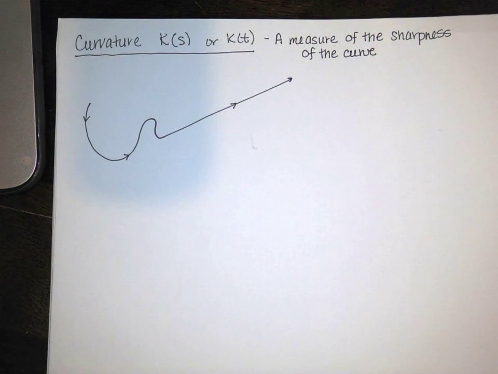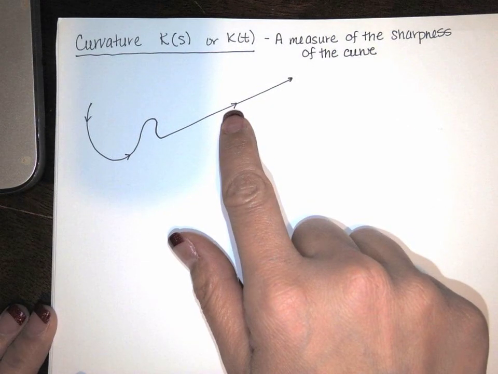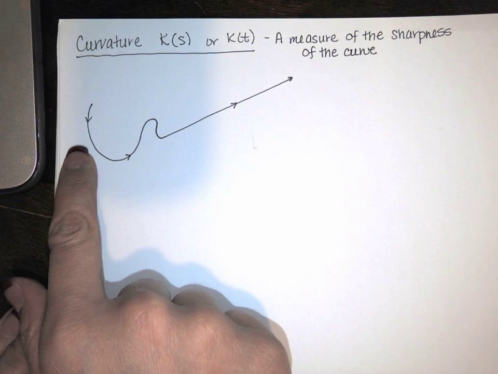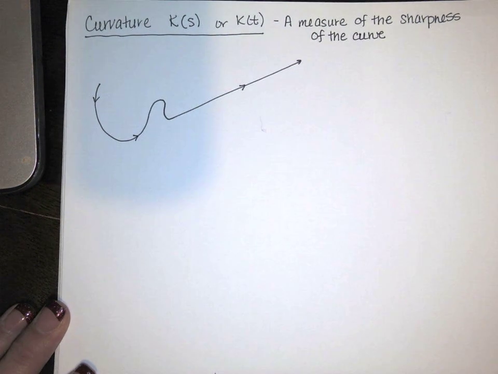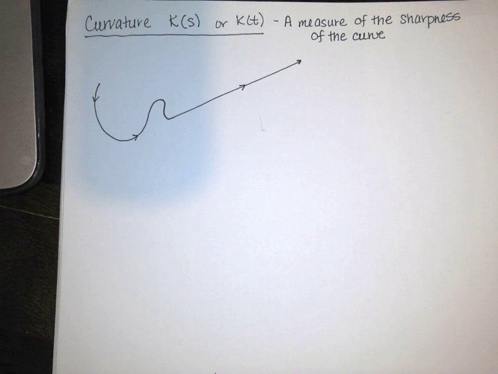I think of it as a measure of how curvy the curve is. That doesn't technically mean much, but I can see over here it's not very curvy, over here it's curvier, and that's the curviest part of this curve. So let's plot a couple of points and think about what this means.